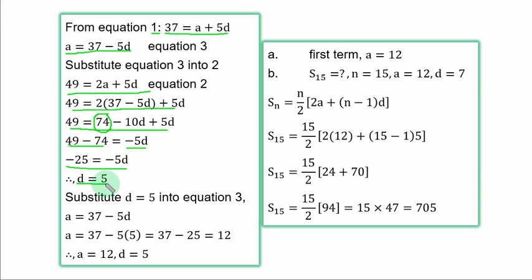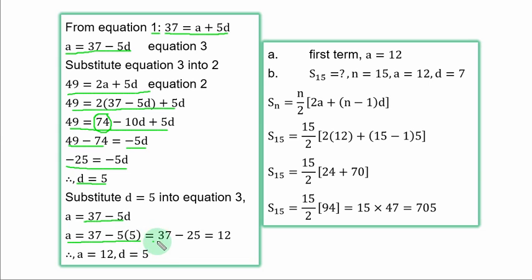To get the first term, you can simply use equation 3 because the first term a is already standing alone. This is equation 3. Where you see d, you replace it with 5, and you have a equal to 37 minus 5 times 5.